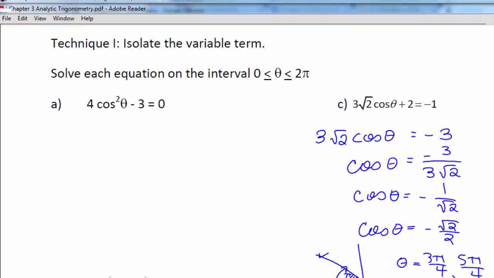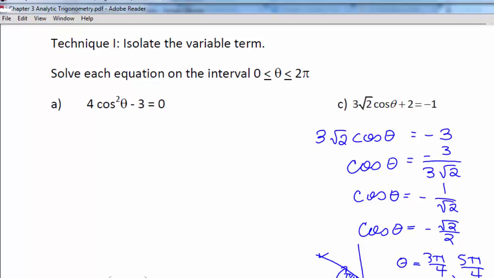Any questions? So, right at the end, can you point out how you found the reference angle one more time? Because when I see square root 2 over 2, I think 45 degrees automatically, pi over 4. So I verified, yes, cosine of pi over 4 is root 2 over 2.